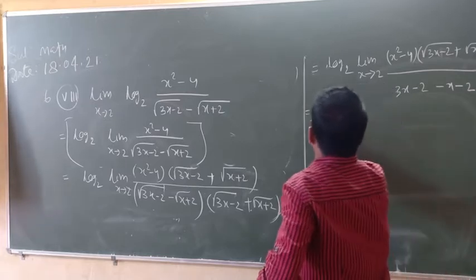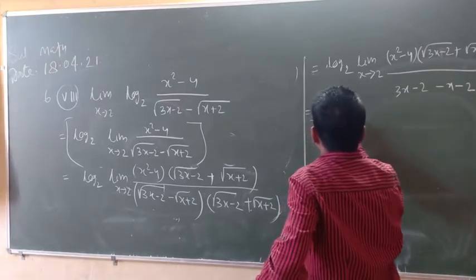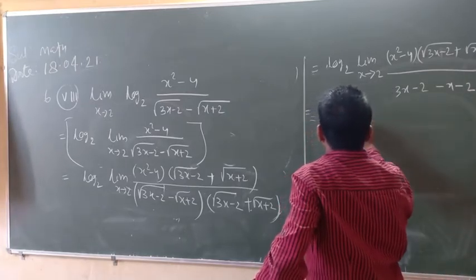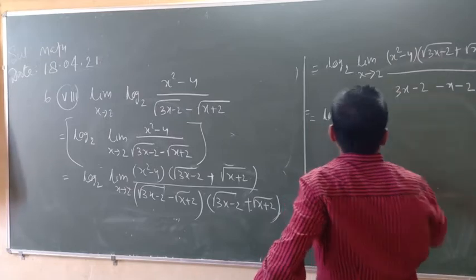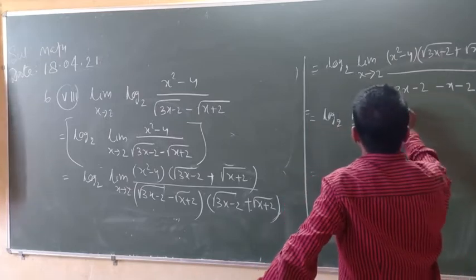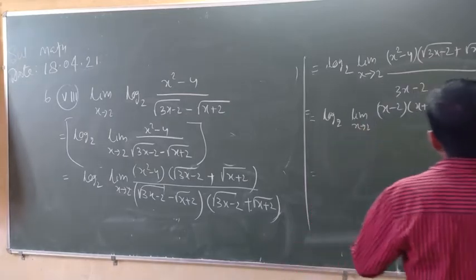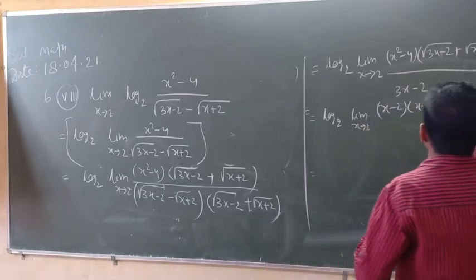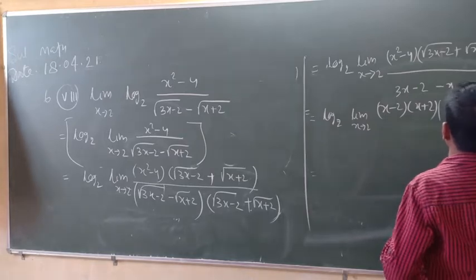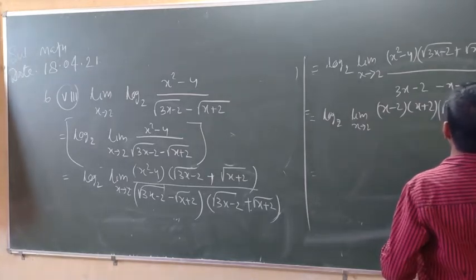Look, x square minus 4 is equal to x minus 2 whole into x plus 2. You know very well, a minus b whole into a plus b is a square minus b square, whole into root of 3x minus 2 plus root of x plus 2.